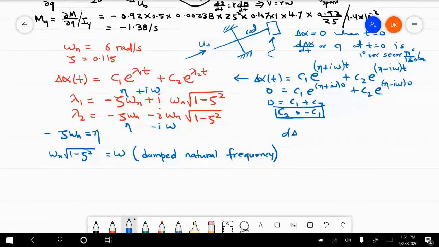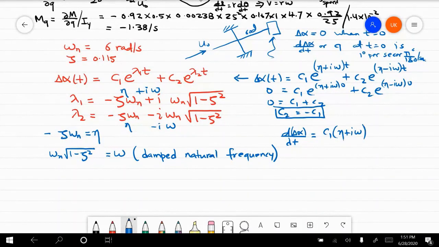So we need to calculate the first derivatives. So d alpha dt is equal to C1 (eta plus i omega) e^((eta plus i omega)t) plus C2 (eta minus i omega) e^((eta minus i omega)t).